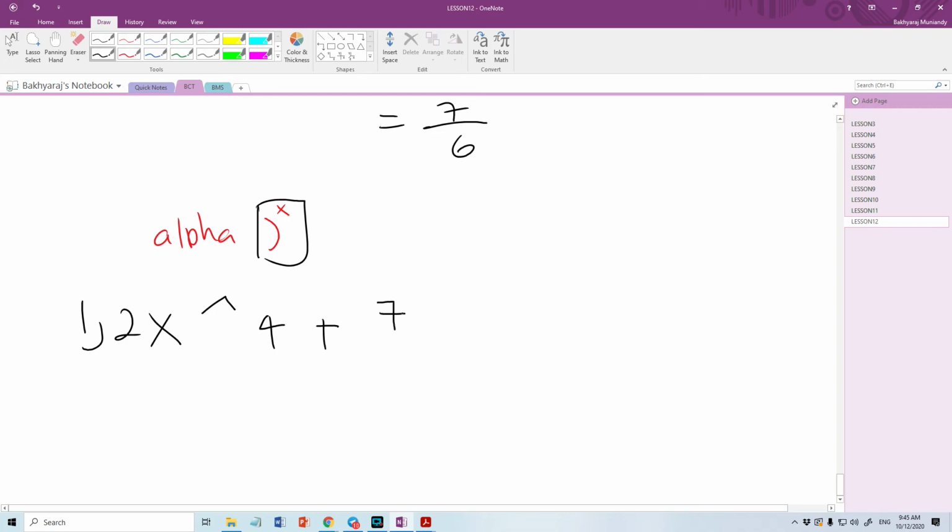7/3. And then again, you need to get x. So, plus 7/3 alpha bracket, you get x, and then power of 3. Power of 3 you boleh buat macam ni, ataupun you boleh buat benda ni lah. Ikut you. So I use this lah. I use power of 3.